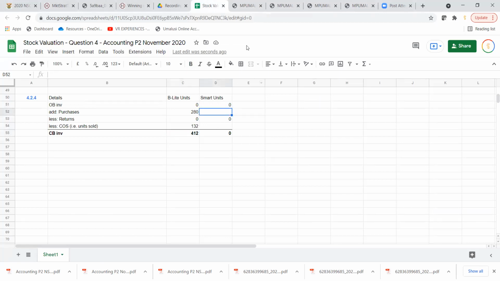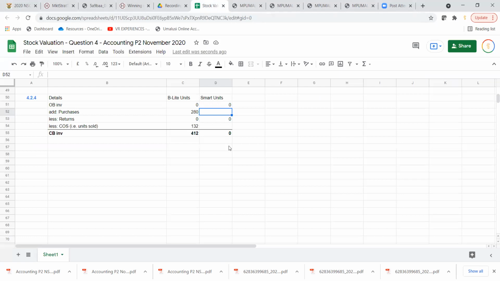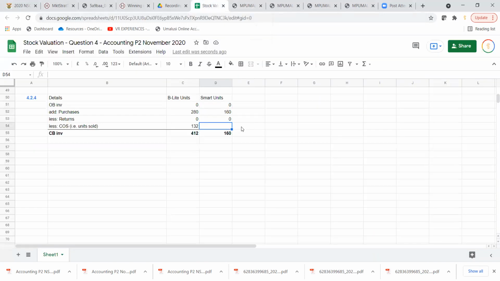Okay. For smart units, we bought 100 and we bought 60. So it is 100 plus 60, and then we sold, how much did we sell? We sold 54 units, so the number of units on hand is 214.